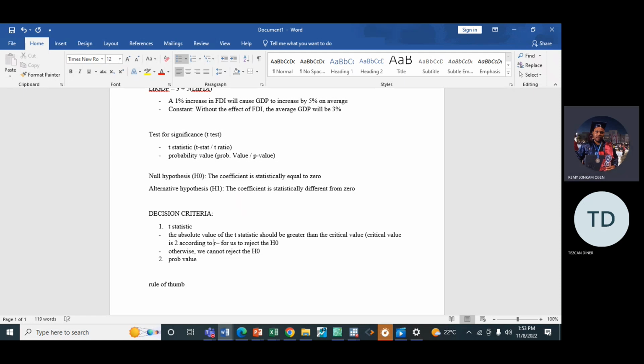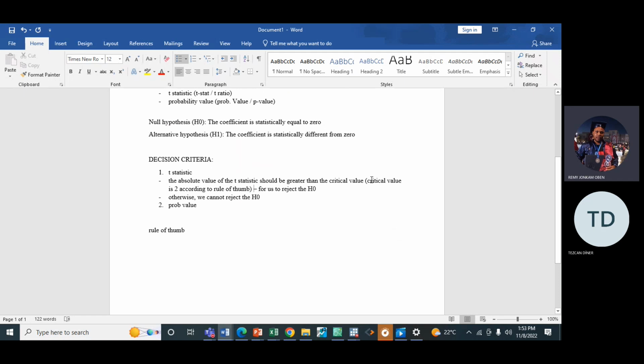Rule of thumb simply means a generally accepted rule, right? Since we are taking the critical value to be 2, it tells you that if the absolute value of the t-statistic is greater than 2, then we reject the null hypothesis. But if the absolute value is less than 2, then we cannot reject the null hypothesis, right? So take 2 as the critical value.